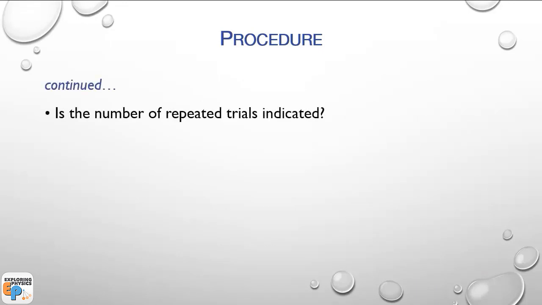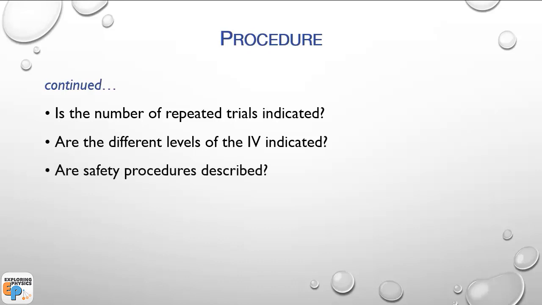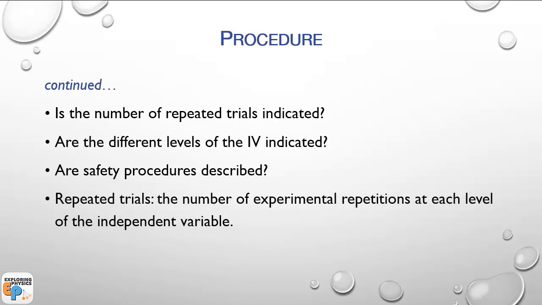Is the number of repeated trials indicated? Are the different levels of IV indicated? Are safety procedures described? Note that repeated trials are the number of experimental repetitions at each level of the independent variable.